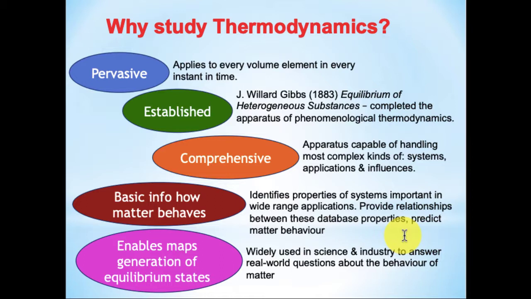These are the properties that are measured in the thermochemistry laboratories of the world and have been accumulating in the databases of the world since Gibbs's time. The apparatus then provides relationships between these database properties and the functions that are crucial in predicting the behavior of matter.